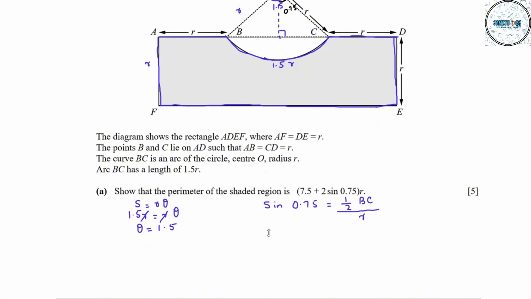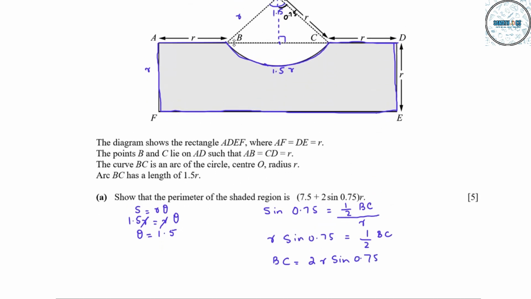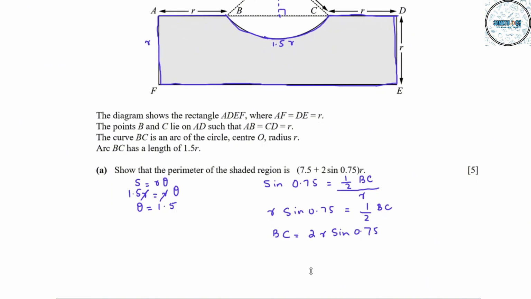So R multiplied by sine 0.75 is equal to half BC, and BC is equal to 2R sine 0.75. We have got this BC, which is 2R sine 0.75.